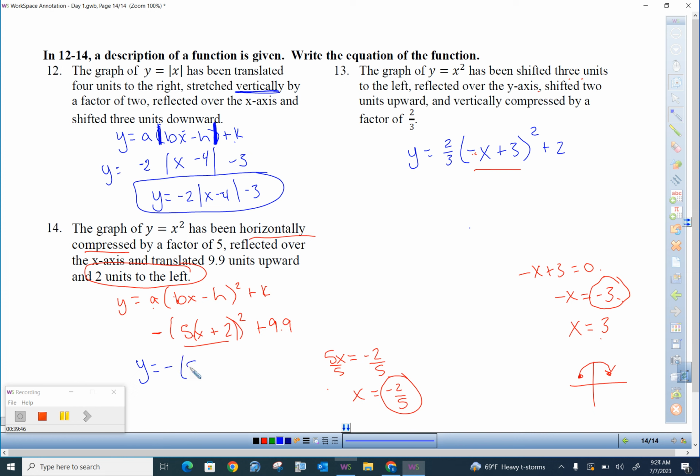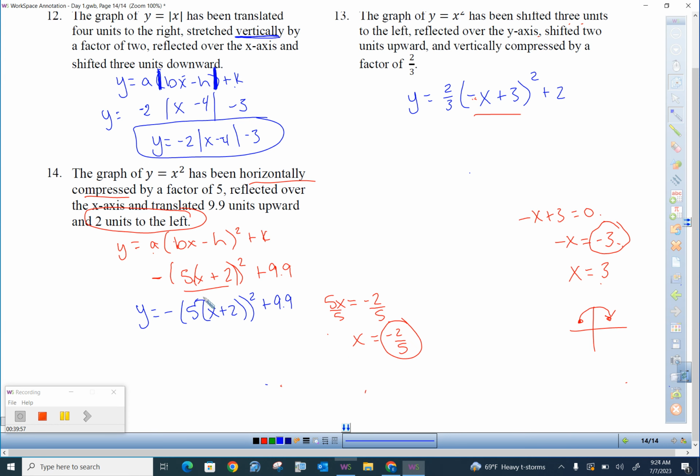So if I rewrite this, 5 times quantity x plus 2, and then we square it. This becomes something we can simplify to a nice 5x plus 10 getting squared. Everything else coming down.